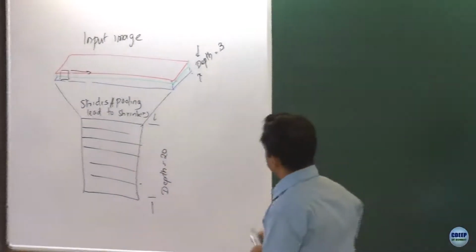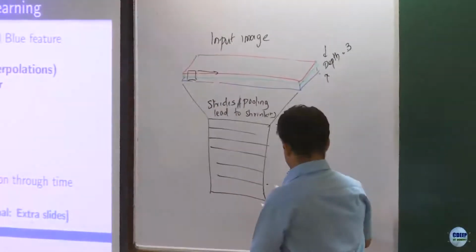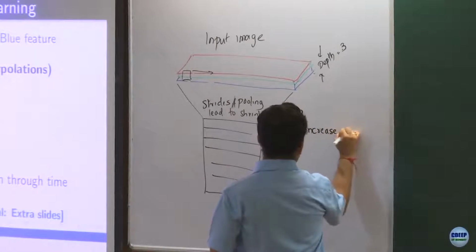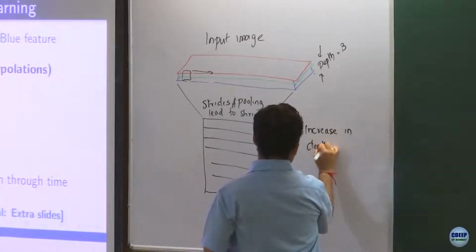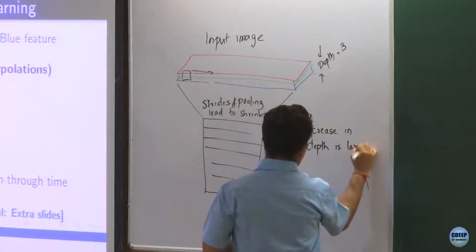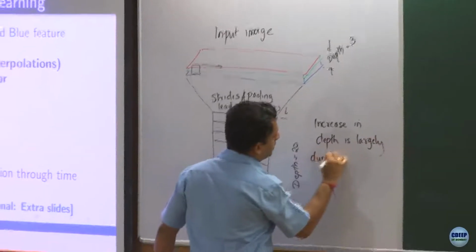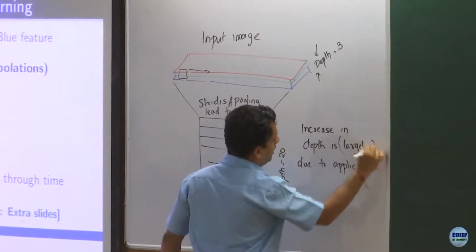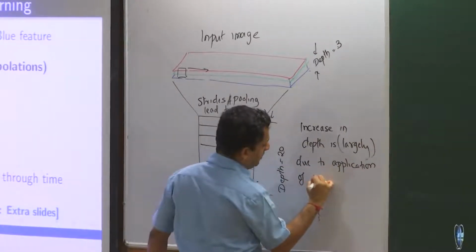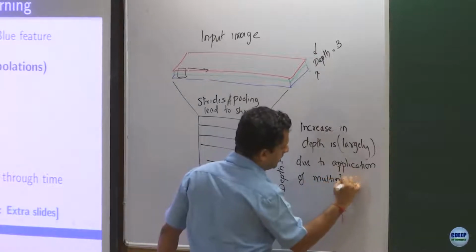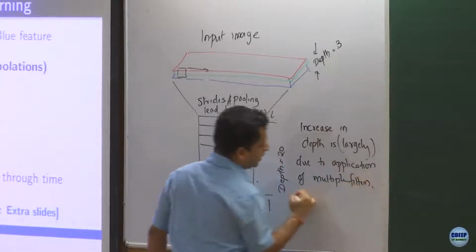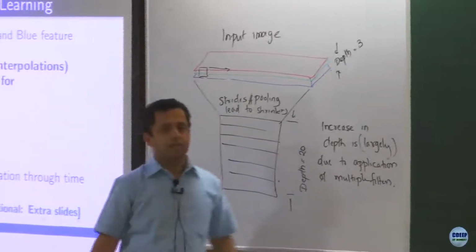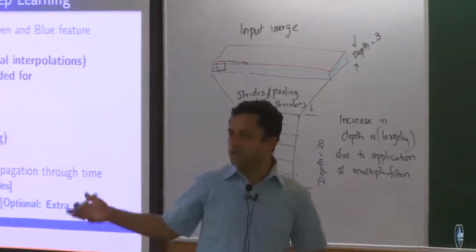Okay, so the increase in depth is largely due to application of multiple filters. So for example, we talked about the Sobel filter, but Sobel is an edge detector, vertical edge detector, horizontal edge detector.